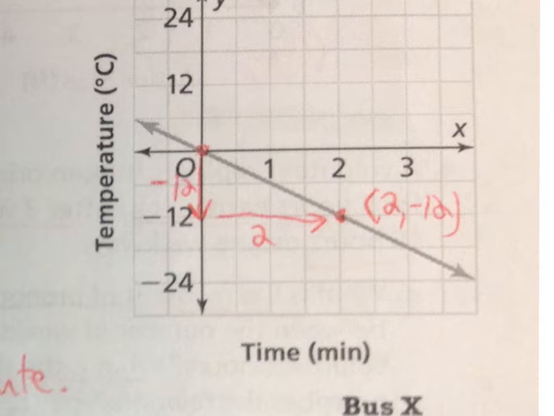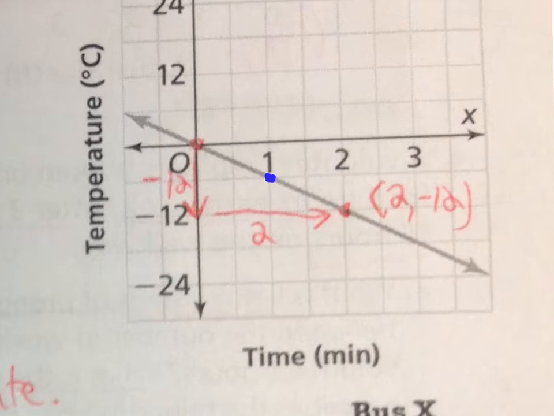Perfect point. You technically could have picked, there was a point here you could have thought about was (1, -6). Again, since it's proportional, that's like our unit rate point. You could have gone with that idea, but just to make things interesting, (0, 0) and (2, -12), and change in y, change in x.